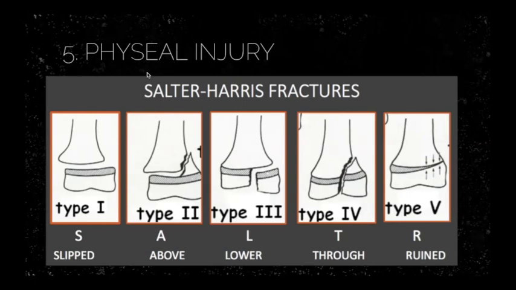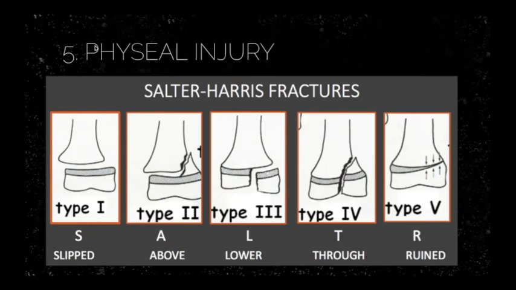So this growth plate is basically the weakest point of the bone for the kids, right? So kids have a higher tendency to have a growth plate injury or fracture, as it is the weakest point of the bone.